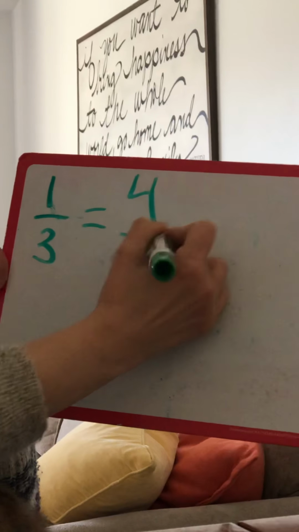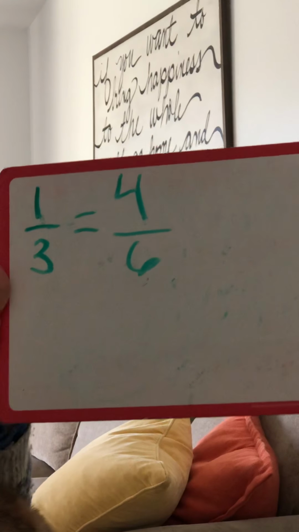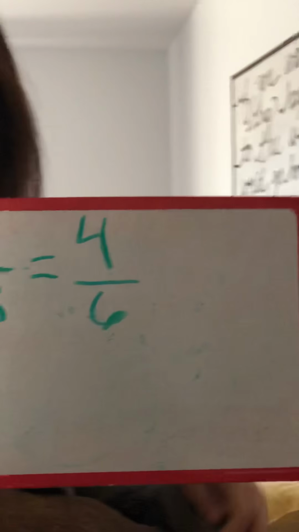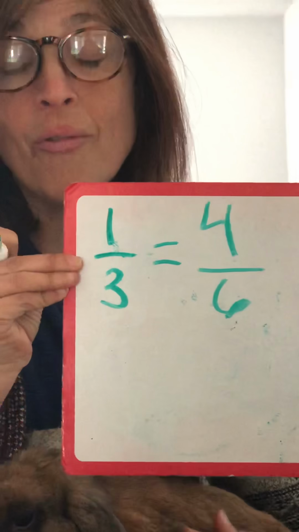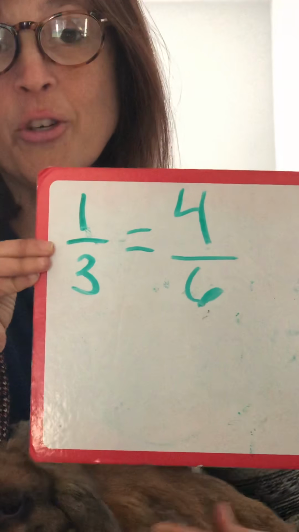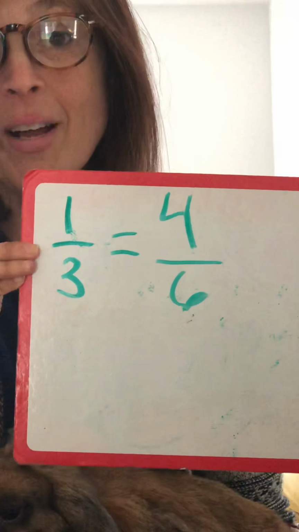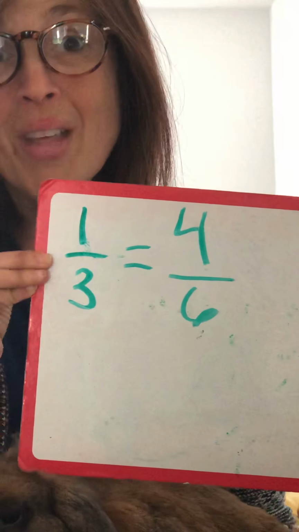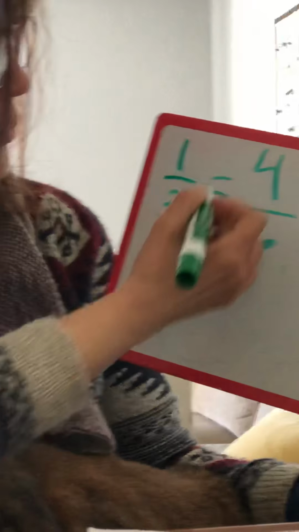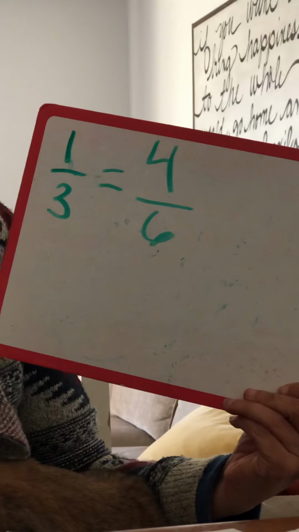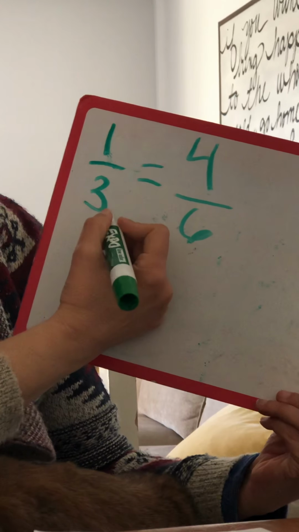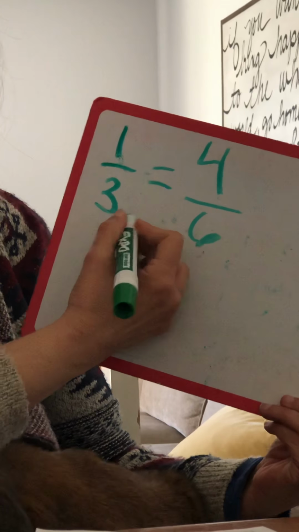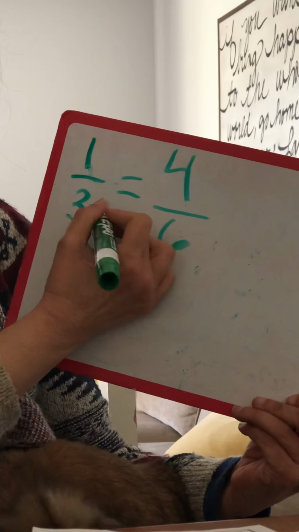and just start with your answers to try to determine it, to 4/6. So in equivalent fractions, remember, it means that the fractions are equal. They have the same value even though the numbers in the numerator and the denominator will be different, okay? You would start with the denominator and ask yourself, 3 times what is 6?